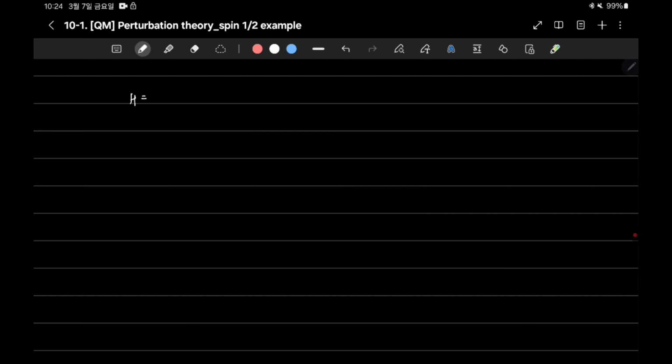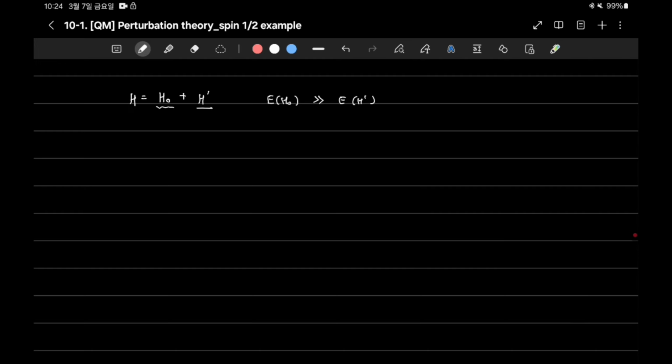In perturbation theory, the basic concept is that the Hamiltonian can be separated into a solvable Hamiltonian, which we call H0, and a perturbation H prime. H prime is not exactly solvable; it is the additional part. In terms of energy scale, H0 should be large.